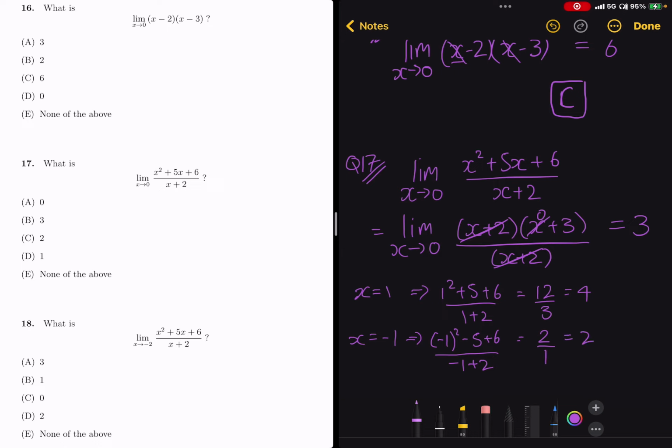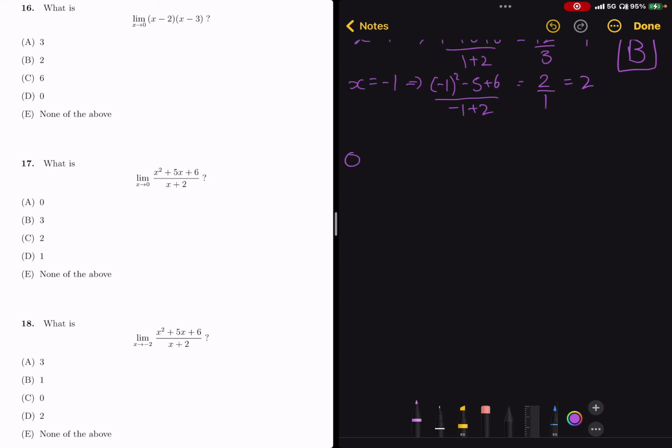This is 2. And then if we look at half and minus half, we'll see that these essentially move in a linear fashion, and they both head towards 3. So 3 is the answer. And this one is B.